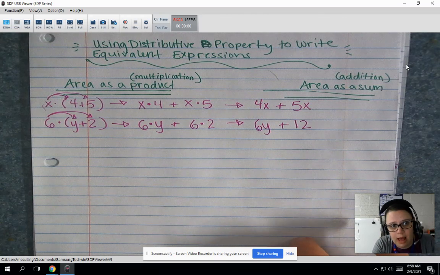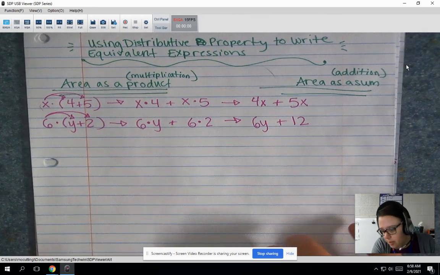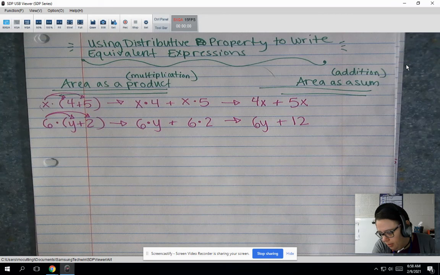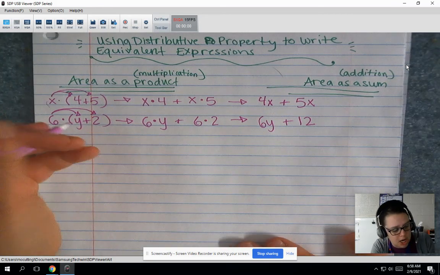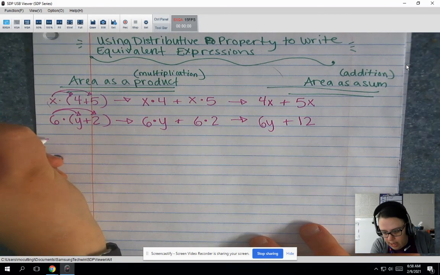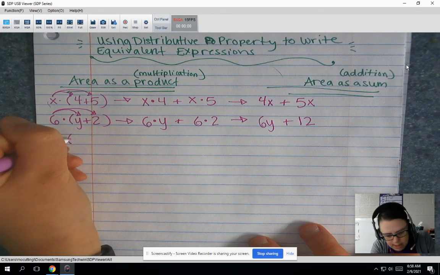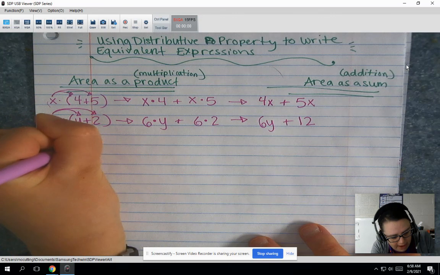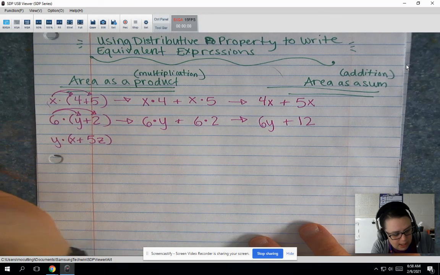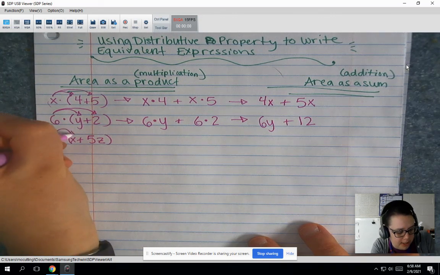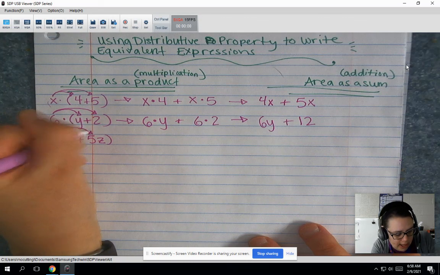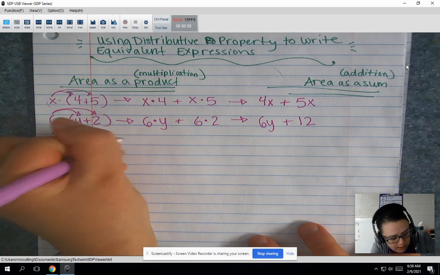Okay, one more I'm going to do completely, and then I'm going to have a couple that you're going to try. I have y times x plus 5z. Distributive property says I can distribute, I can pass out that y with the times sign.